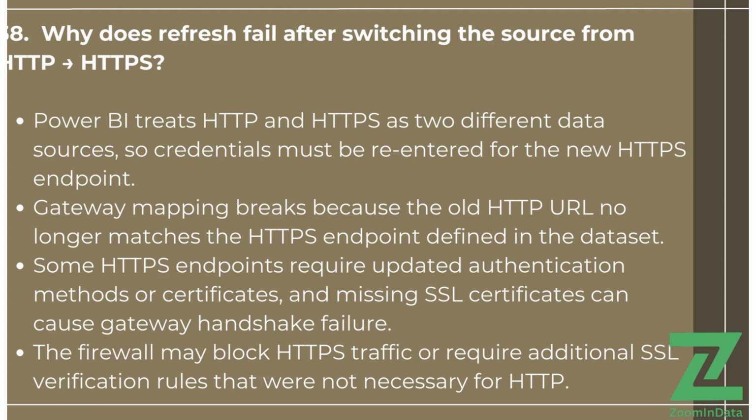Some HTTPS endpoints require updated authentication methods or certificates, and missing SSL certificates can cause gateway handshake failure. The firewall may block HTTPS traffic or require additional SSL verification rules that were not necessary for HTTP.